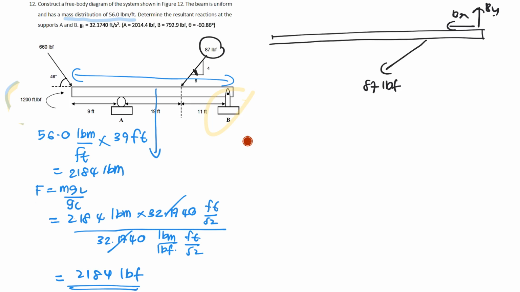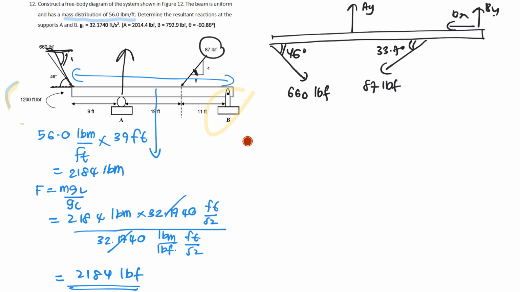The angle is tan theta equals 4 divided by 6, so theta is 33.7 degrees. For A, it is definitely upward, so I call it AY. And for the 660, it should be 46, so 660 pound force at 46 degrees.